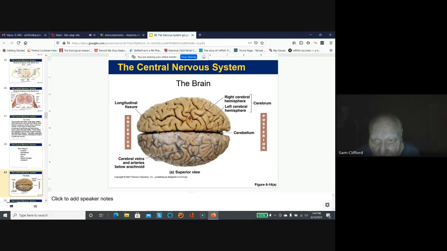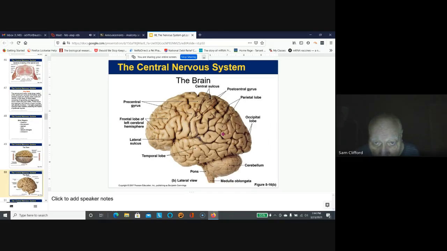So this just shows you the cerebral hemispheres, or the cerebrum, and the cerebellum is below these structures. Notice that most of the brain is the cerebral hemispheres. The central sulcus, a sulcus is a little valley, a gyrus is a ridge.